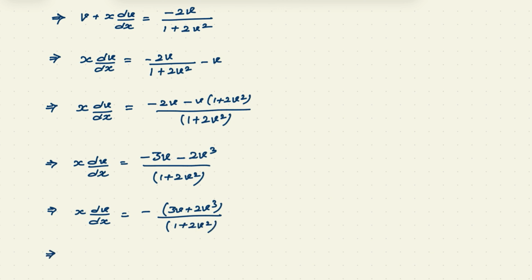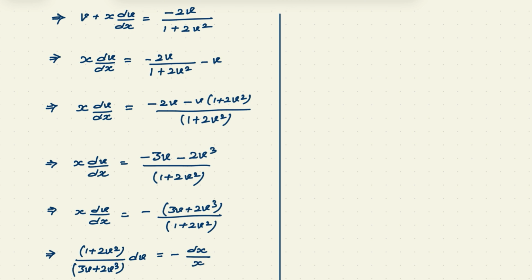Therefore, on cross multiplying and trying to separate the variables, we can write 1 plus 2v square in the numerator, divided by 3v plus 2v cube in the denominator, into dv equals minus dx over x. Now let us integrate both sides. Before that, on the left hand side we will multiply and divide by 3.